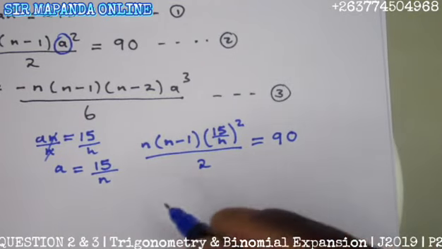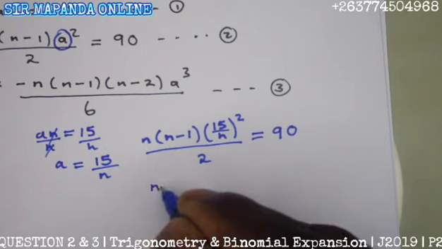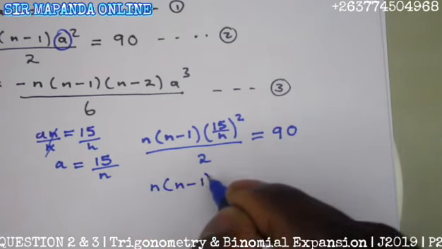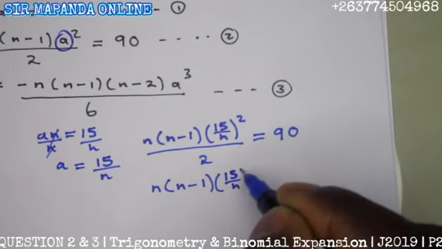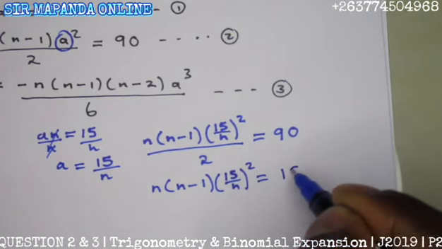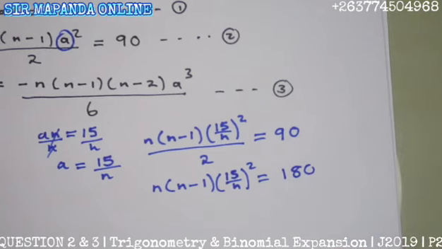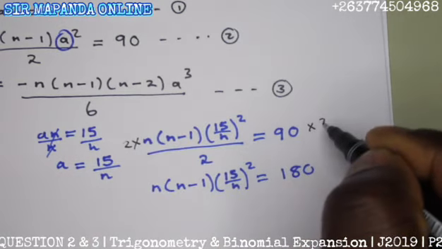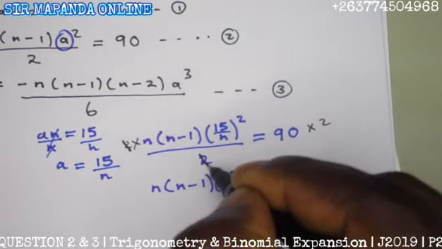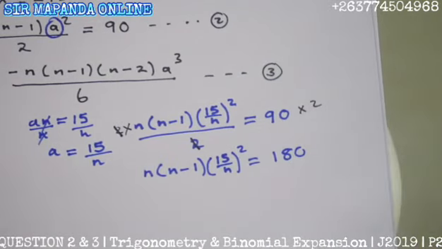So if we cross multiply, you have n, open bracket, n minus 1, then 15 over n squared is equal to 180. So I have multiplied both sides by 2 to get this 180. Multiplying the left side by 2 and the right side by 2, the 2 and 2 cancel each other. 90 times 2, you get this 180. I hope you are following, class.